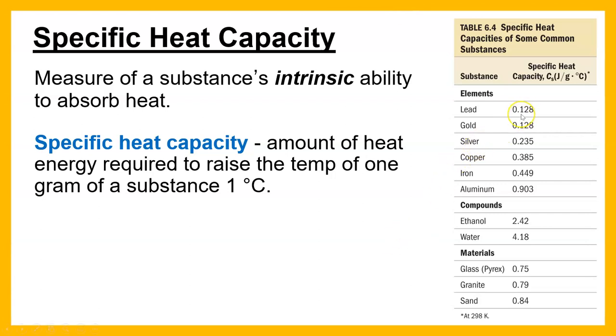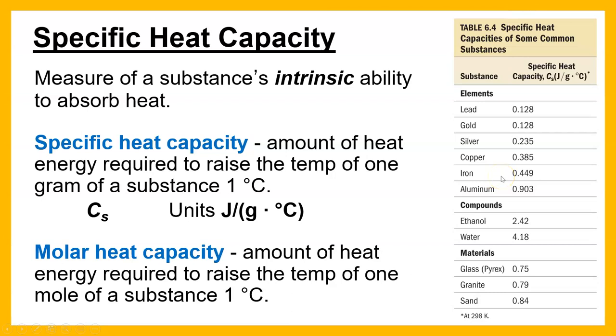So you can see here, it takes 0.128 joules of energy to get 1 gram of lead to go up by 1 degree Celsius. If you look down here, look at water, look how big that is. Water can absorb a lot of energy before the temperature goes up. That's why it takes so long to boil water. It just absorbs and absorbs and absorbs, and the temperature doesn't change very quickly.